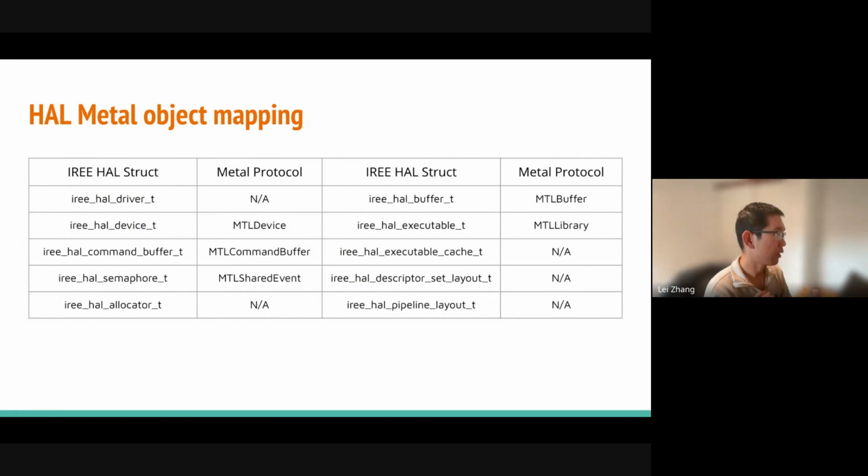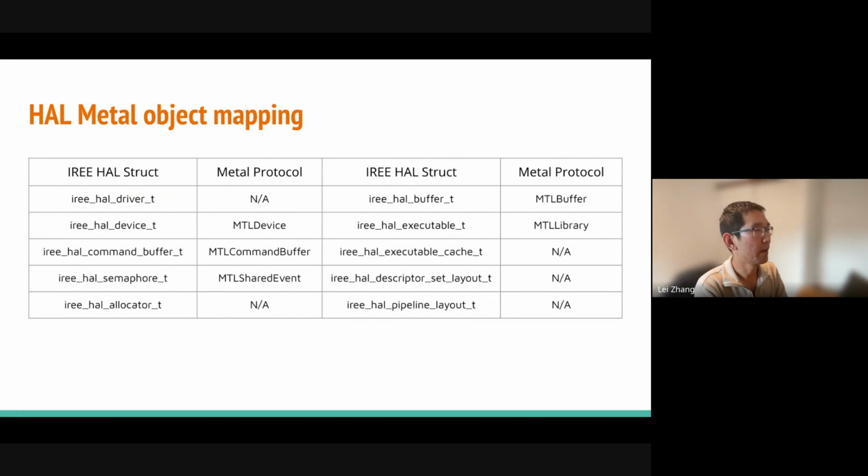I talked about the IREE HAL struct, and this is pretty much the conceptual mapping onto the Metal Objective-C protocol level. For drivers, we don't have a correspondence. It's more like a software construct. For the device, you have MTLDevice; command buffer, you have MTLCommandBuffer; semaphore, you have shared event, stuff like that.